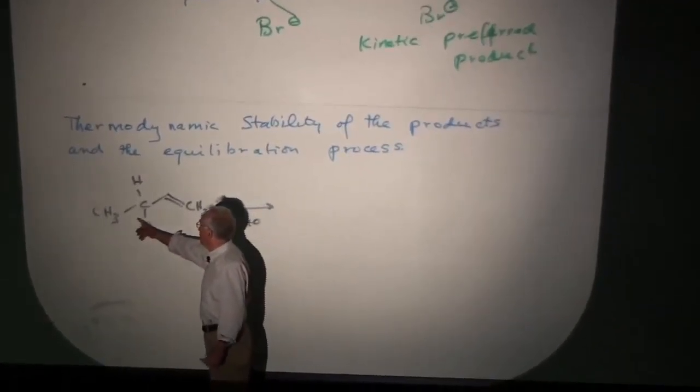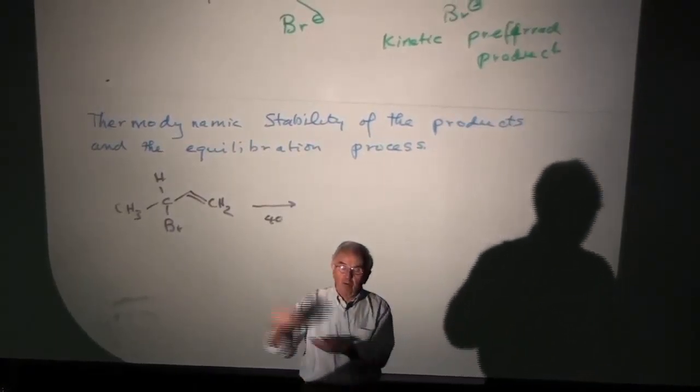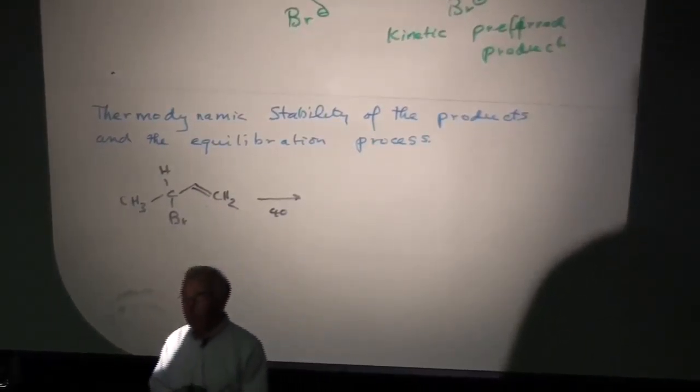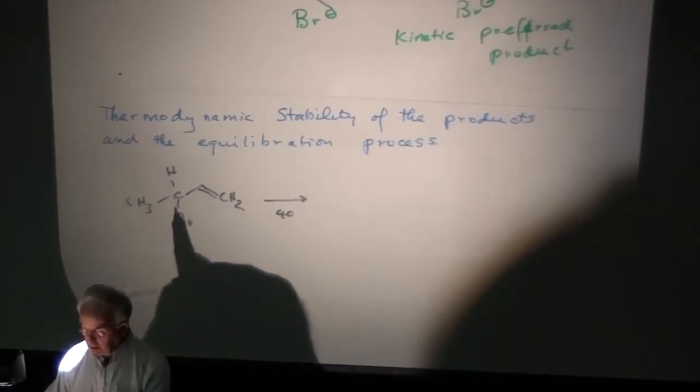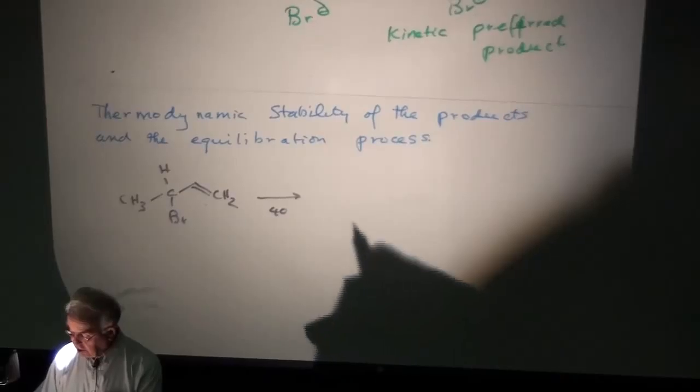The bromine is a good leaving group, it comes off. So it goes back to where it started from, and it comes off pretty readily. It's on an allyl carbon and even a secondary carbon as well.